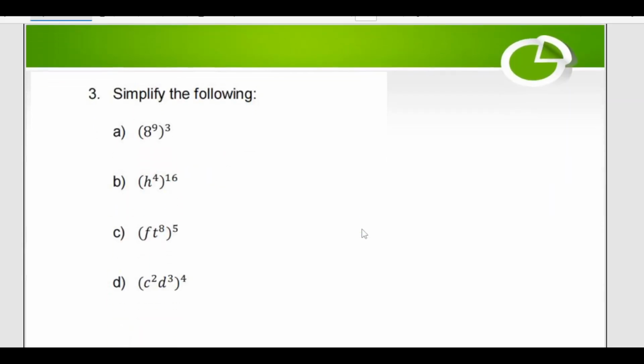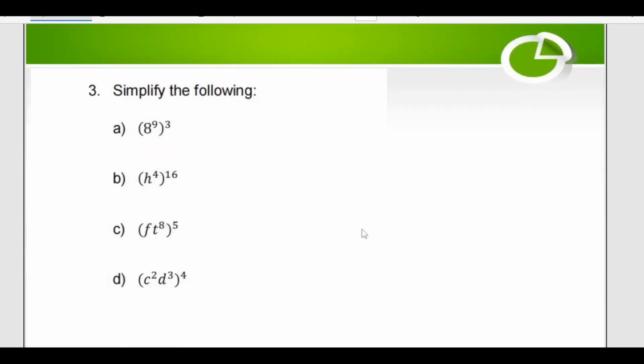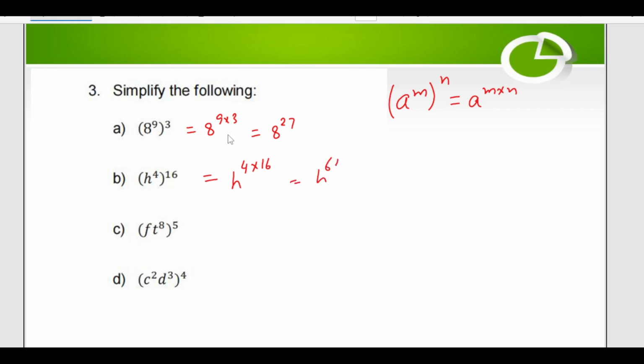So now here we have the powers. I told you that if you have a number with 2 powers together like this, then we multiply the powers, right, m times n. So here 9 times 3, it is 27, 8 power 27. Here h power 4 times 16, it is 64, h 64.